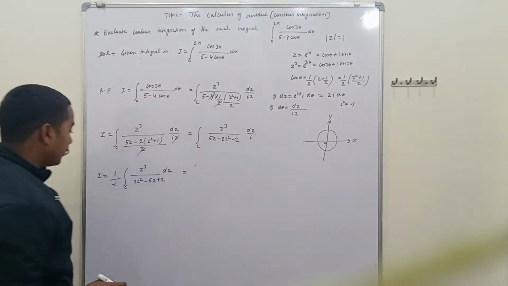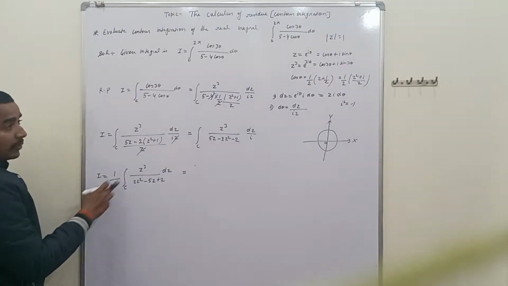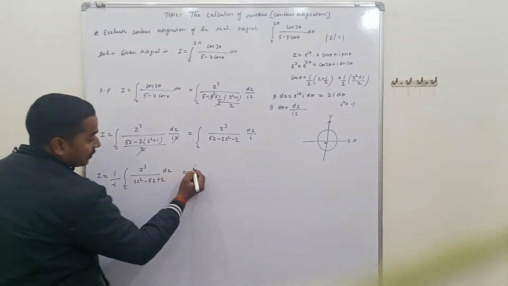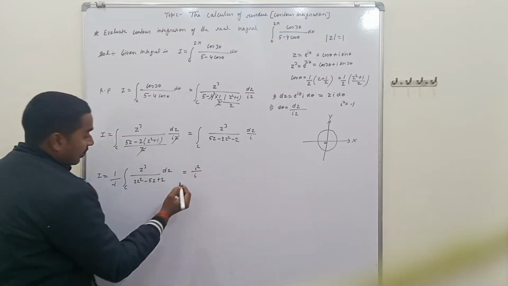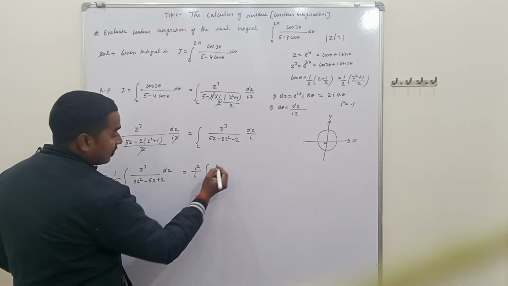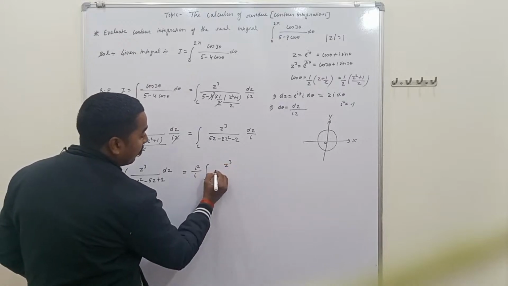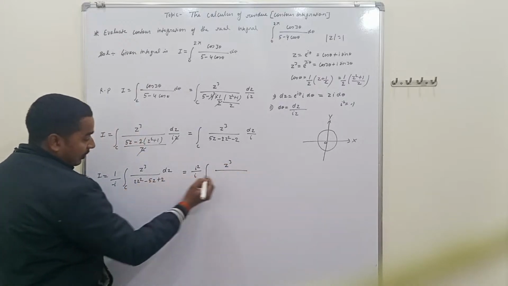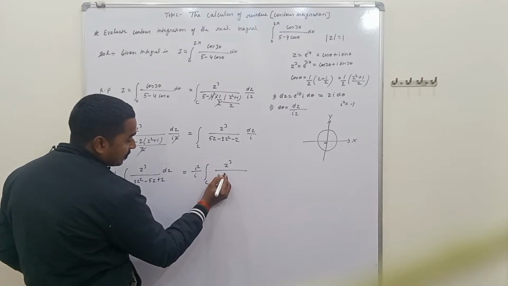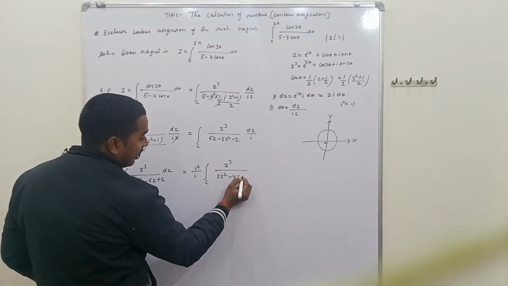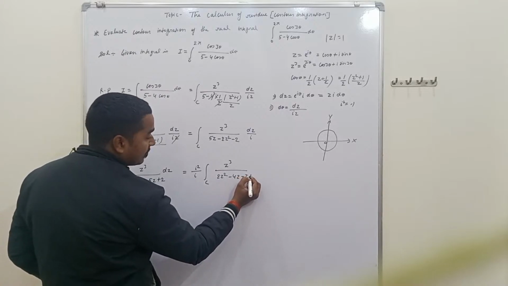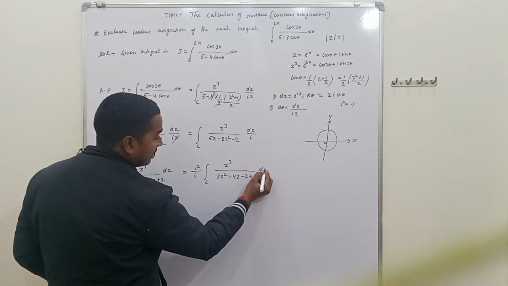So in place of minus we can put i square, that is i square upon i, and closed integral C z cube upon, breaking into factor form, that is 2z square minus 4z minus z plus 2 dz.